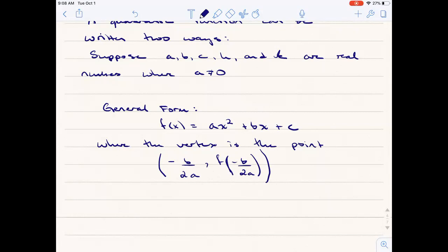Kind of nasty, right? But that's how you find the vertex, right? So at least if you see something in the general form, then you know where the vertex is, and then you can kind of go from there.